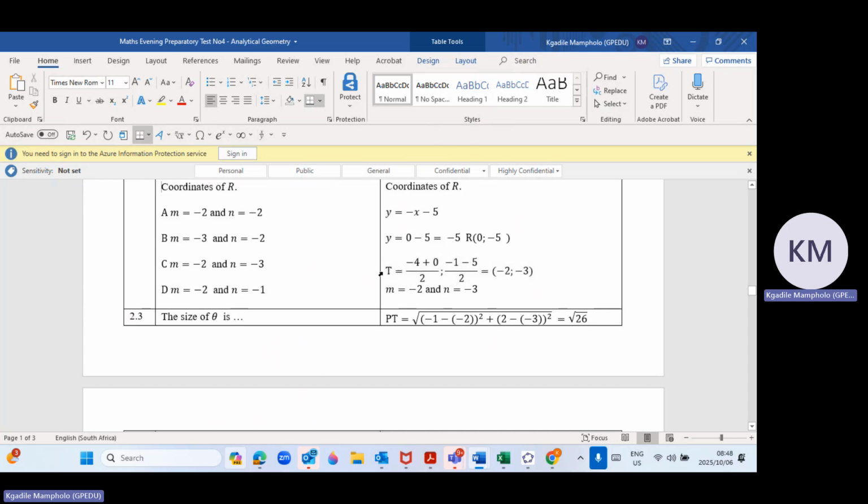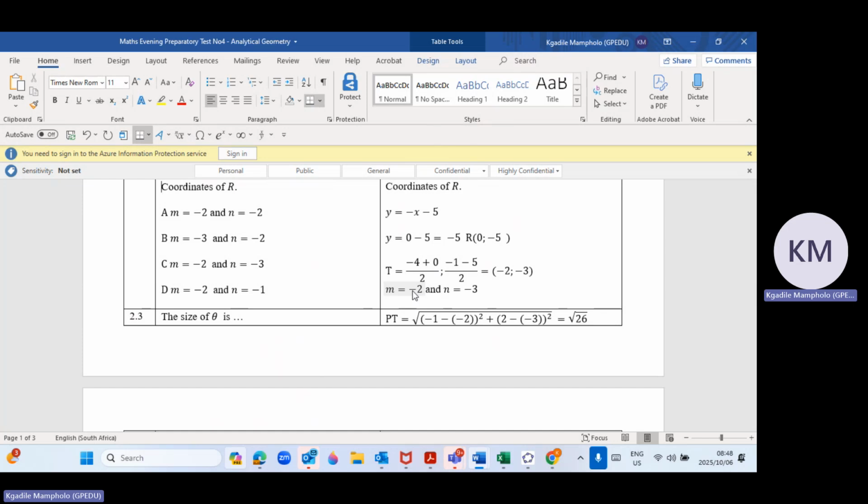Then, to get the coordinates of T, you use the midpoint formula. It is the x of Q plus the x of R, over 2. The x of Q, remember, is -4, and the x of R is 0 because it's the y-intercept, over 2.